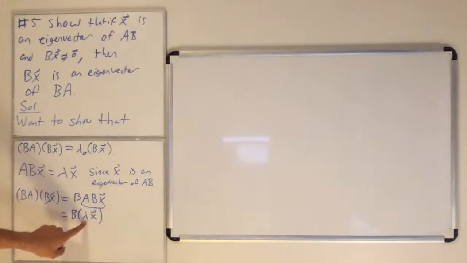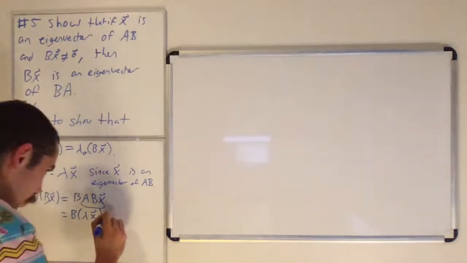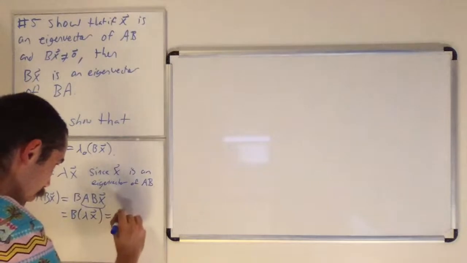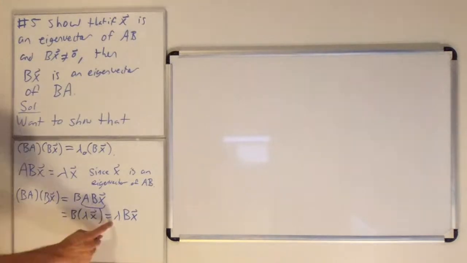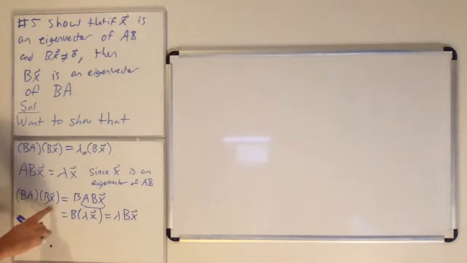We have another property of matrix, scalar, and vector multiplication that we could move the scalar out in front of the equation. So we're left with lambda times Bx, as we desired. Scalar multiple of Bx. Thus, Bx is an eigenvector for BA.